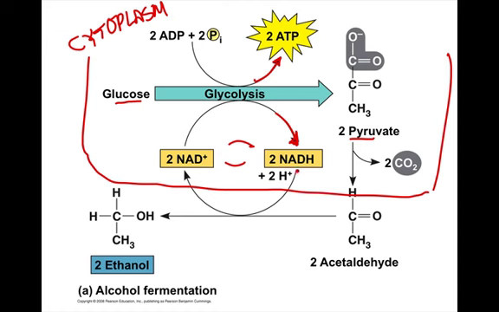There's a fixed amount of that in the cell, and it's being recycled. Normally it gets recycled by having this NADH go to oxidative phosphorylation, and oxygen is used. But what if oxygen is limiting and you can't do that? Fermentation provides a shunt to recycle NADH in order to keep glycolysis going.